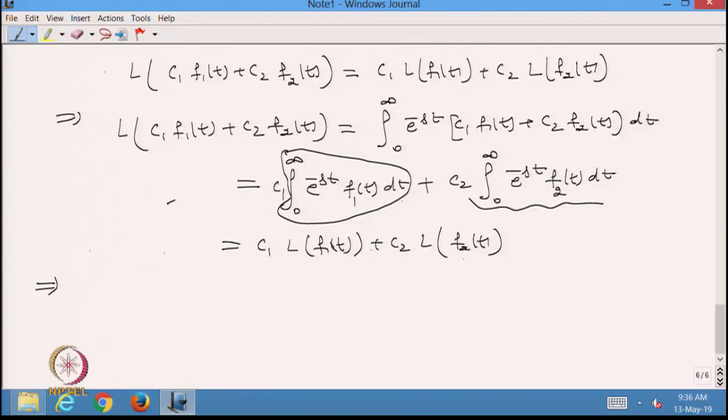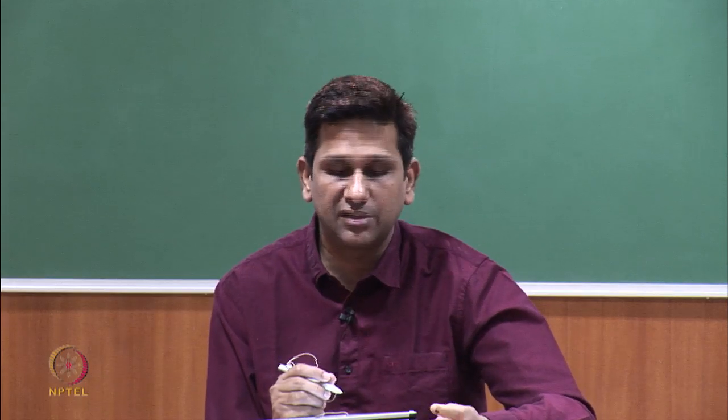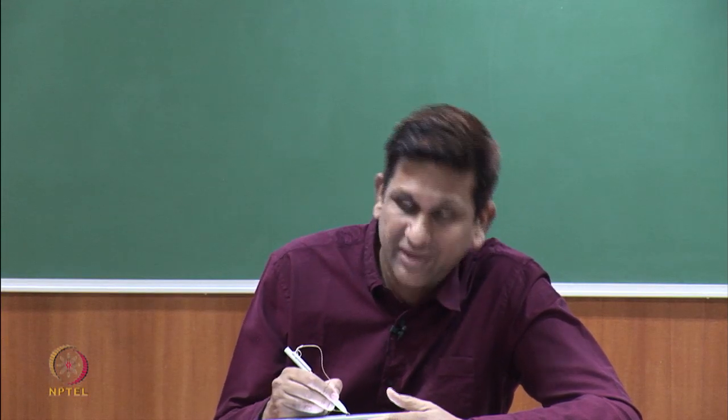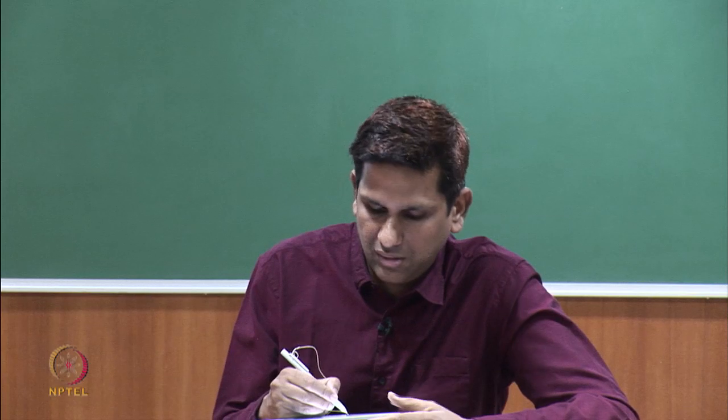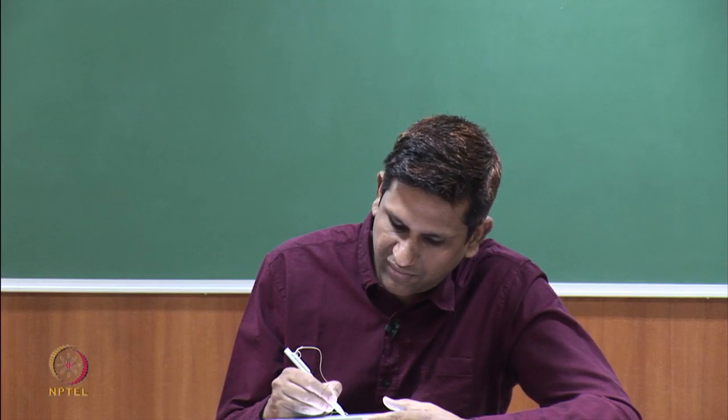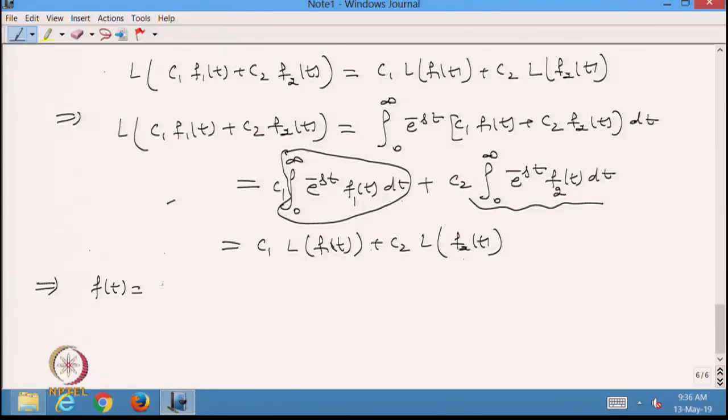Now, one more thing I want to define. So, we have taken the Laplace transformation of the function and the exponential. Now I want to take the Laplace transformation of a trigonometric function. I just want to find what is the Laplace of a function f(t) equal to cos at, or what is the Laplace transformation of sin at.